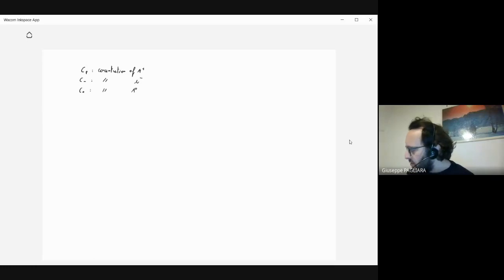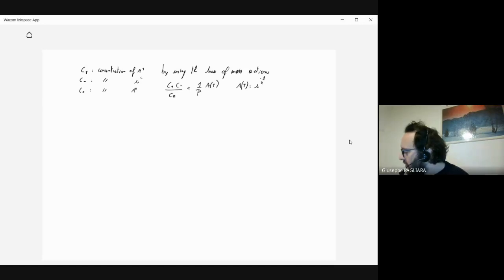Now, by writing the law of mass action, and reading also the stoichiometric coefficients, we get that the product of C plus and C minus divided by C0 must be equal to 1 over the pressure, which is the total pressure, times A of T, where A of T was, I remind you, the exponential of 1 divided by kBT with a minus, and here we have the sum over j of nu j chi j.